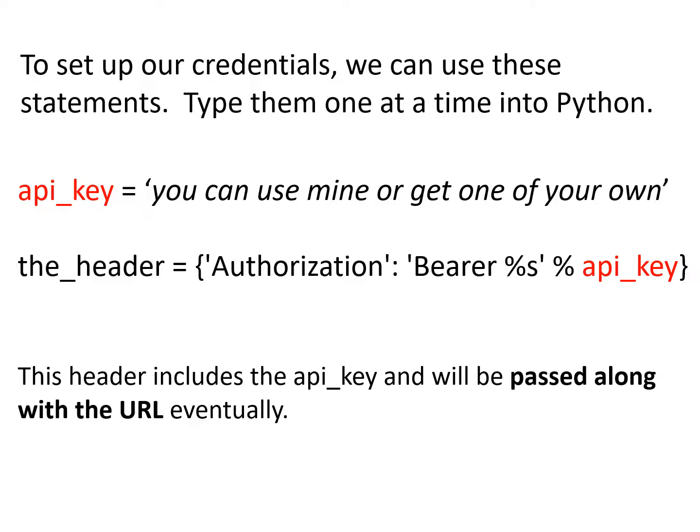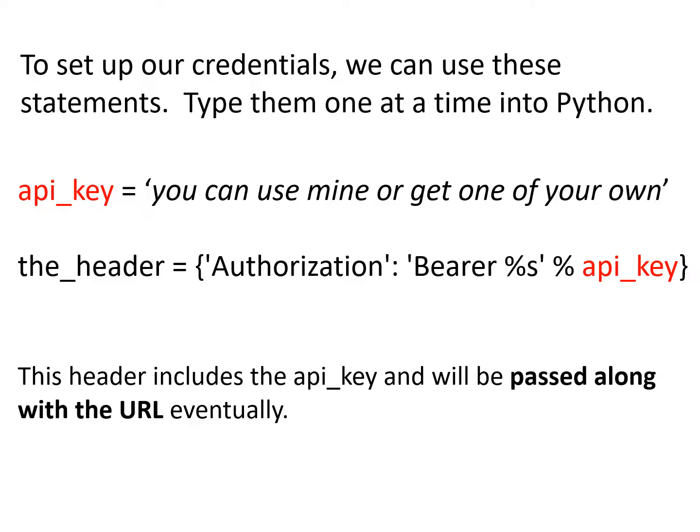So now, the second statement, we're just creating a variable called the header and saying what's in there, and it has all of this in there. Don't worry too much about those percentage signs, that kind of thing. I think I just got this from information off of the website, so each header might look a little different depending upon which API you're using.